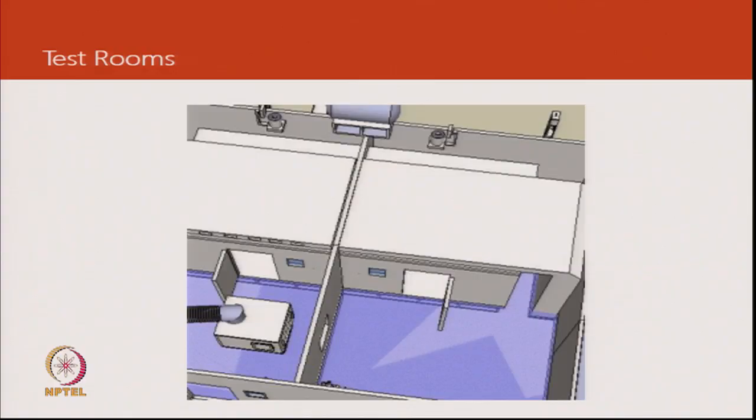So this is a type of test where you use the principles of psychrometry. So let's say we have a chamber like this. One of the chambers is the hot side, another chamber is the cold side. And we measure the flow of air by using a duct. There is a standard which specifies the diameter of the duct, and through the duct we have the entire airflow of the unit go through.